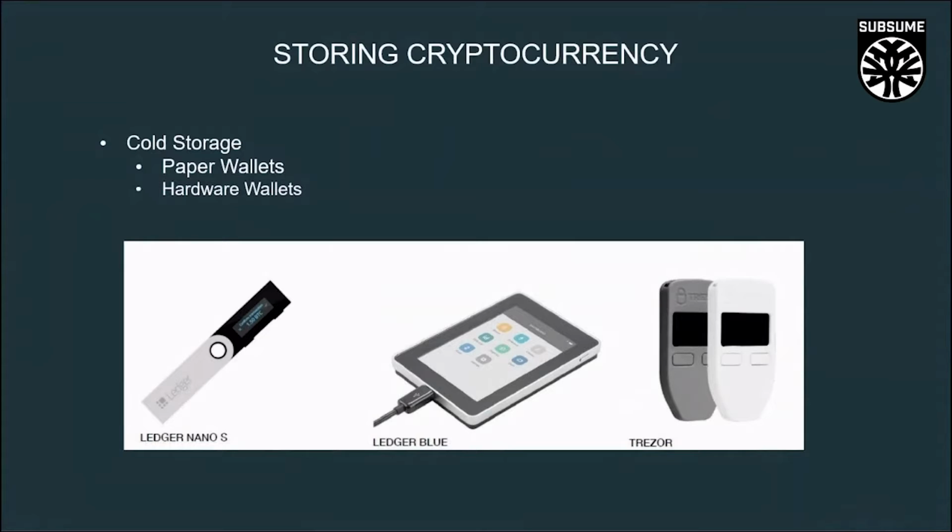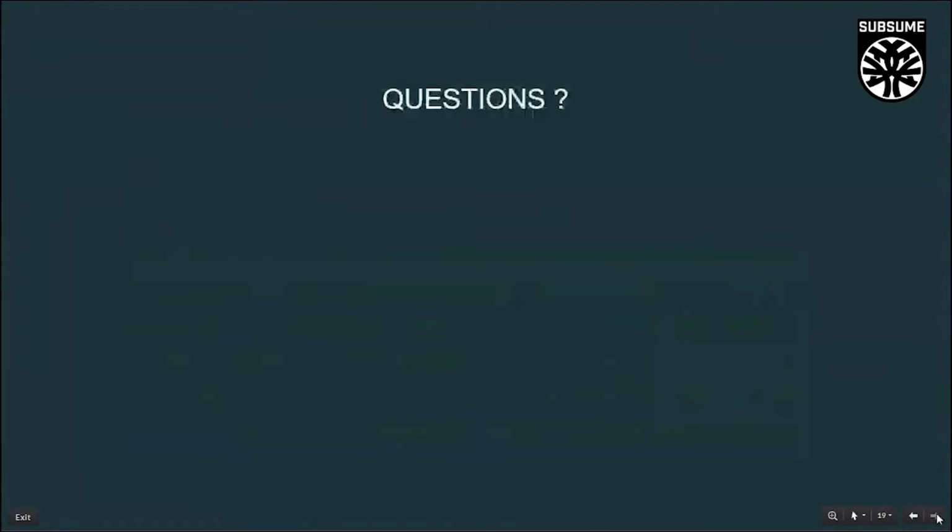That's cold storage, or a hardware wallet, or for short, a hard wallet. Some popular ones are Ledger and Trezor, and there are a lot of new ones. The original non-tech version of a hard wallet is a paper wallet, and we have that on the Guap website as well.